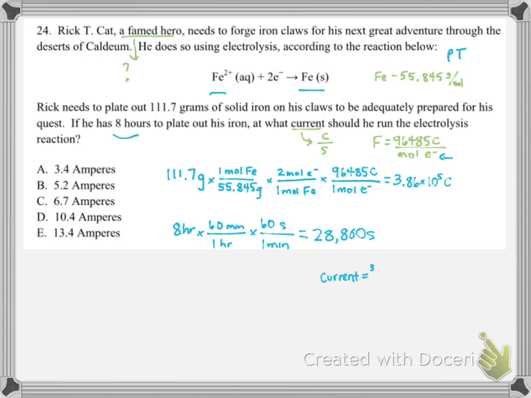So we'll take our 3.86 times 10 to the 5th coulombs per 28,800 seconds to find that we would need 13.4 amps. Okay, so that corresponds to option E.